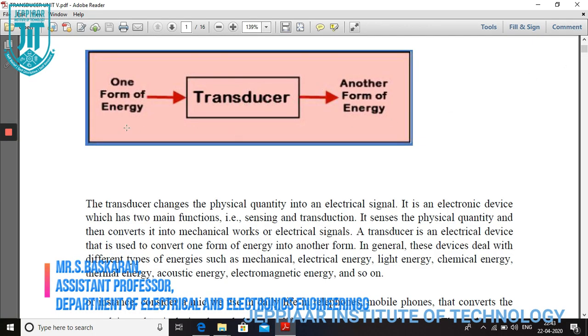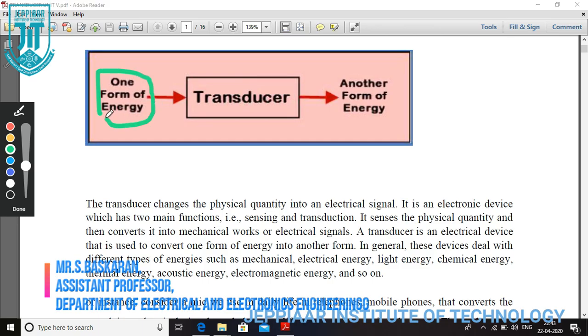Okay, so now we are going to discuss about transducer. From the diagram itself, you know what a transducer is. It is one form of energy converting into another form of energy.